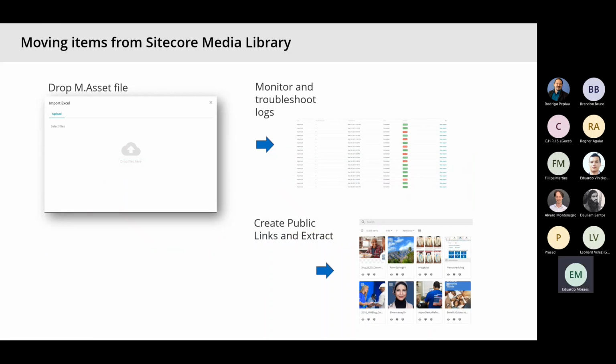So this is what we call the m.asset file, and that's pretty much what we need to do. You go to import Excel, you upload your m.asset file, and while it is doing that, you want to keep an eye on your logs, of course, to check whether it's having any issues, because maybe one of the columns doesn't match the field names in your schema, or something is not being recognized.